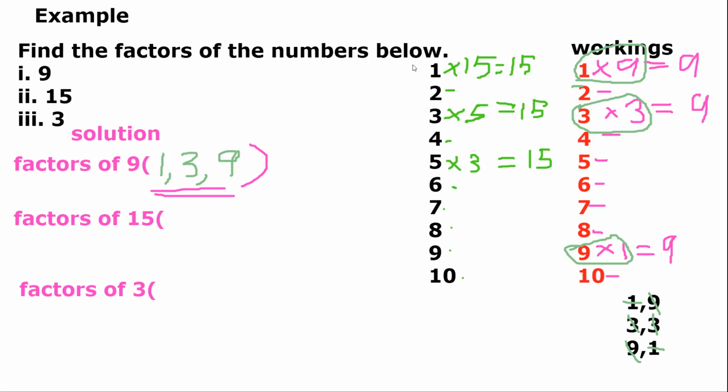So the numbers that give us 15, we have 1 and 15, 3 and 5, 5 and 3 here.